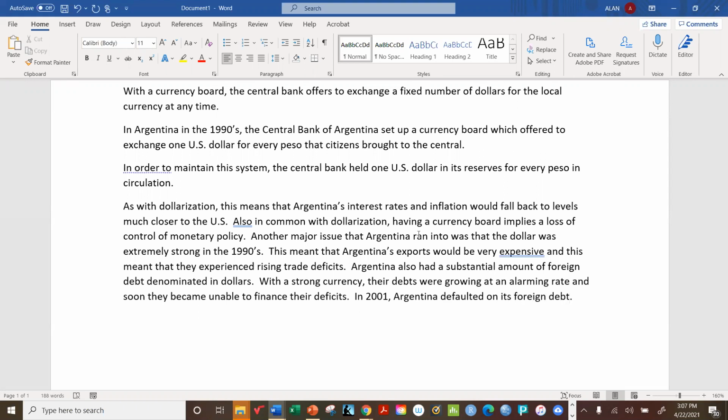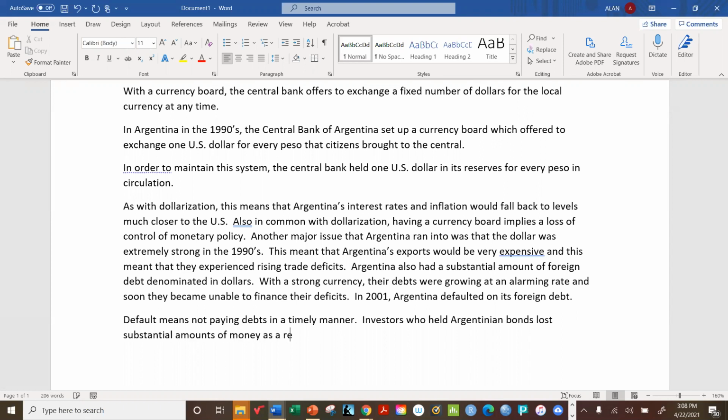Now, a default means not paying debts back in time. So investors who held Argentinian bonds, let's say, lost substantial amounts of money as a result.